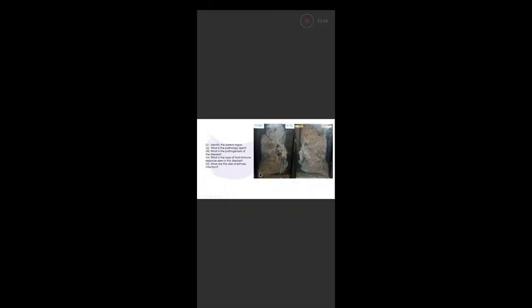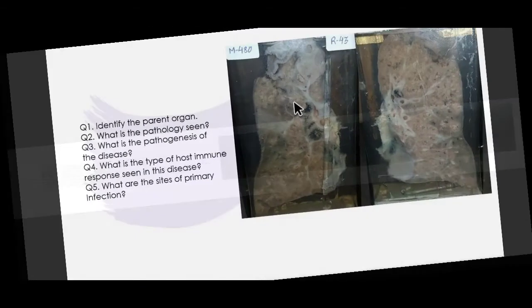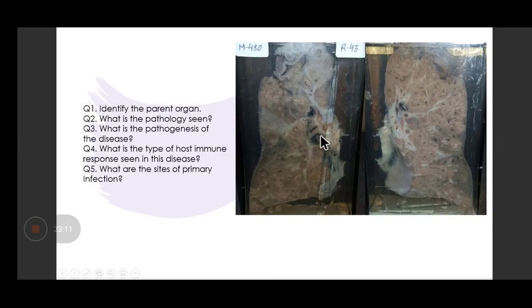Those dots you were seeing were well-defined, and the tissue was different from the lung parenchyma. Miliary TB is happening inside the lung parenchyma, and the hilar lymph nodes are also involved.